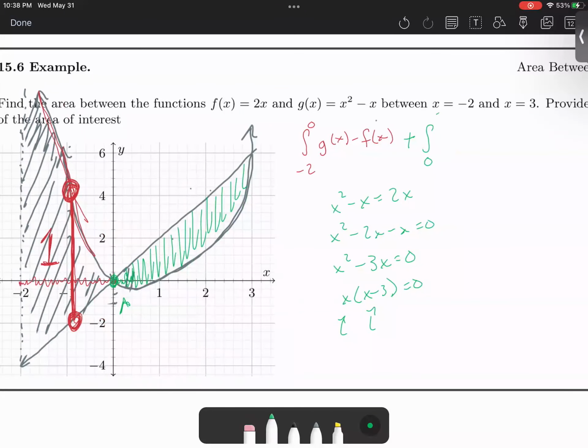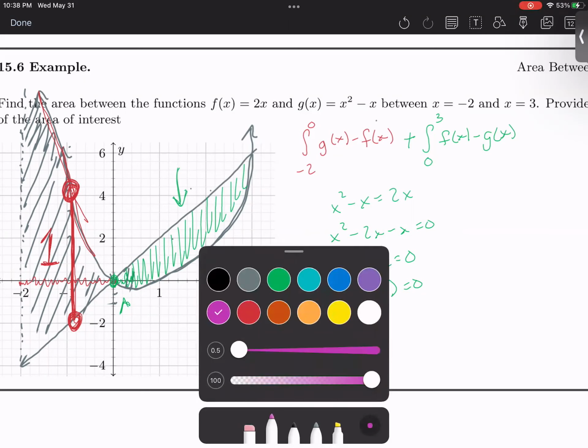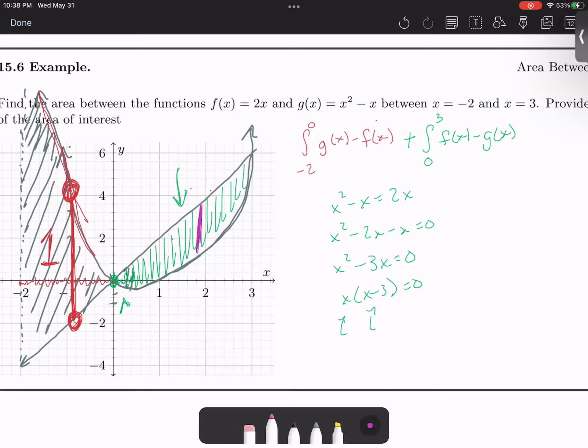Okay, so I can integrate all of the rest of the way, all the way to 3, and it's the straight line that's on top of the quadratic. So it is the f of x minus the g of x that gives me these lengths, or these heights.